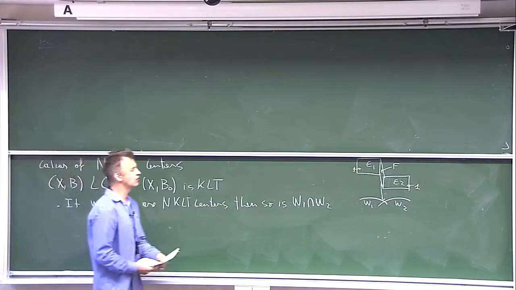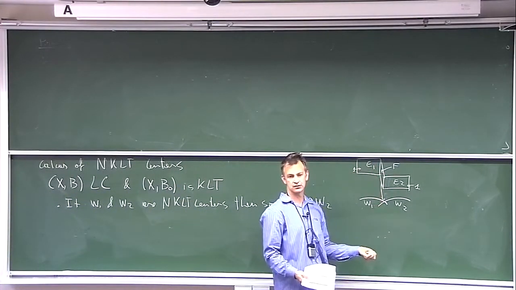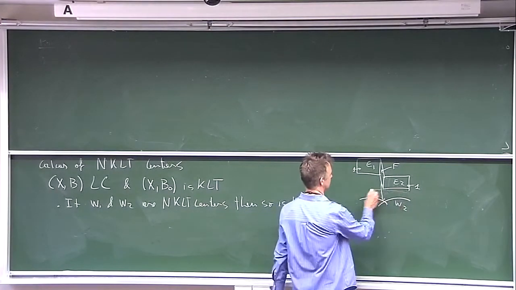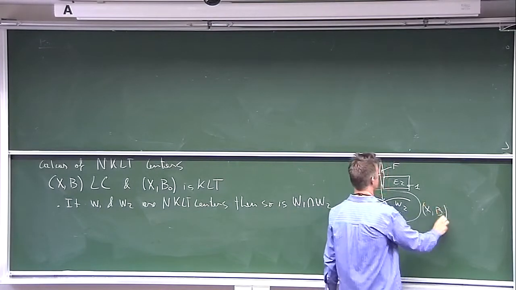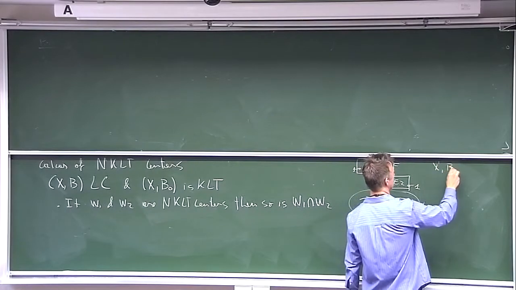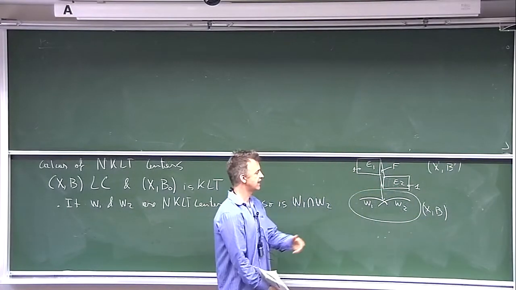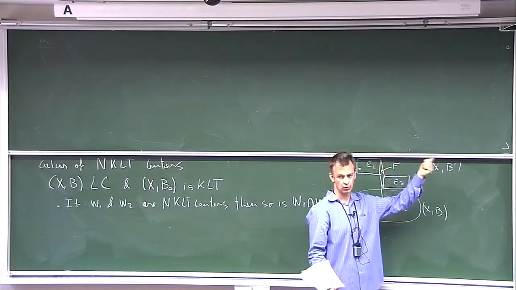Well, I know that if F is not there, the picture is wrong because we have this connectedness result that we applied, right? Because here is your pair X, B, and here is your log resolution. Let's call it X prime, B prime, where B prime is just obtained from the pullback of this. Then these coefficients are appearing in B prime with coefficient 1.